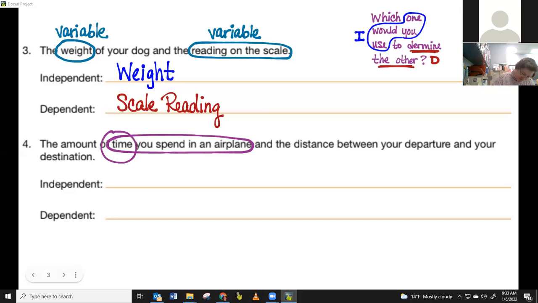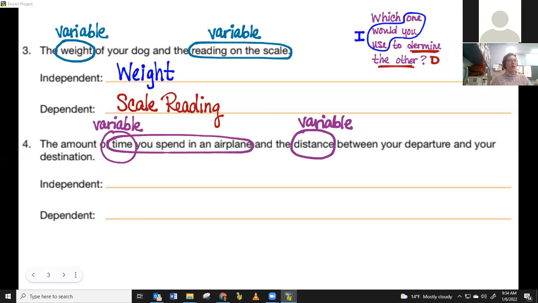So time is one of our variables. And distance, yes. Distance would be our other variable. All right, so we have time and we have distance. Those are our two variables.